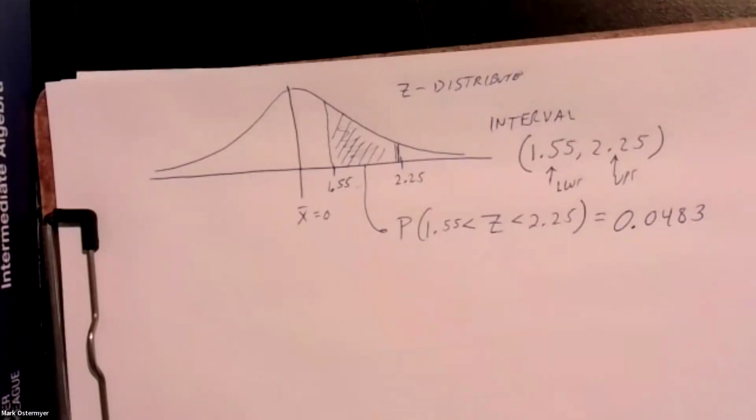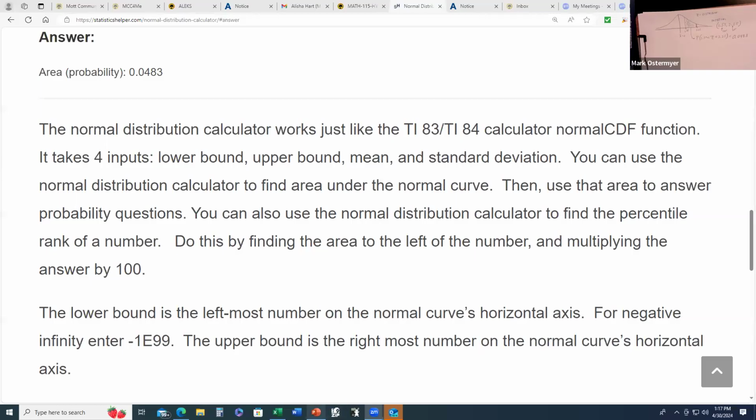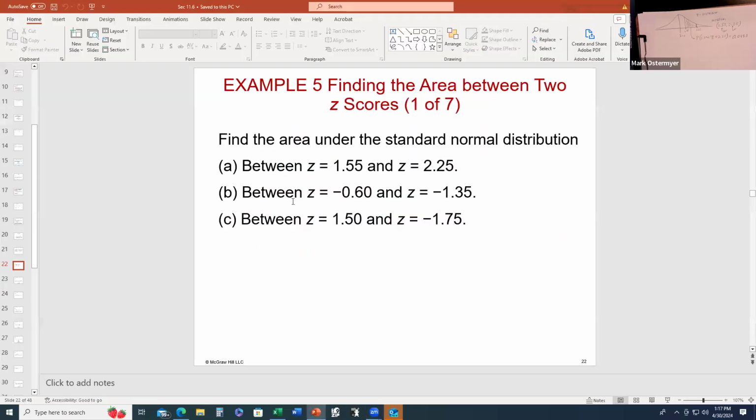All right. Go back to our PowerPoint. I'm looking at another one now. Now in B, they want you to find the area between Z equal to negative 0.60 and Z equal to negative 1.35.